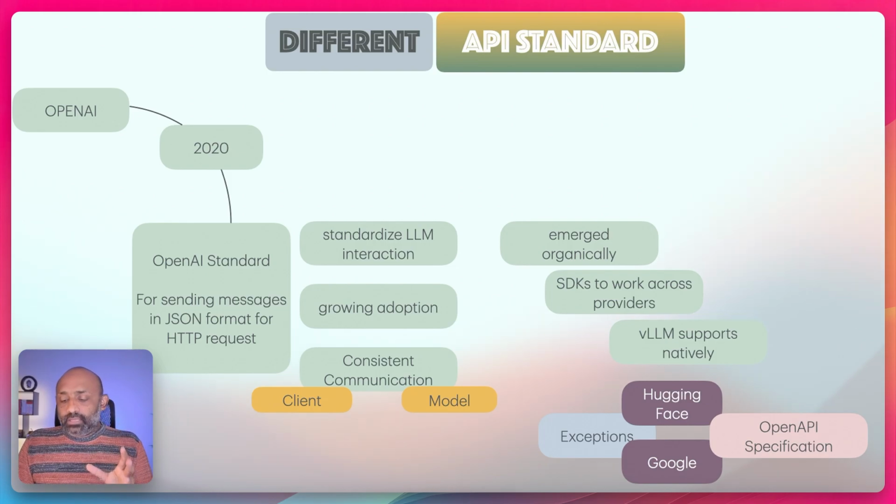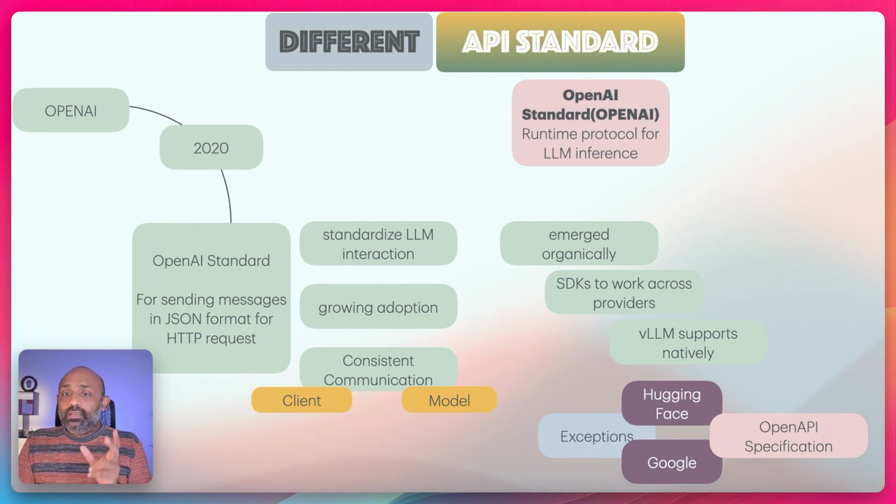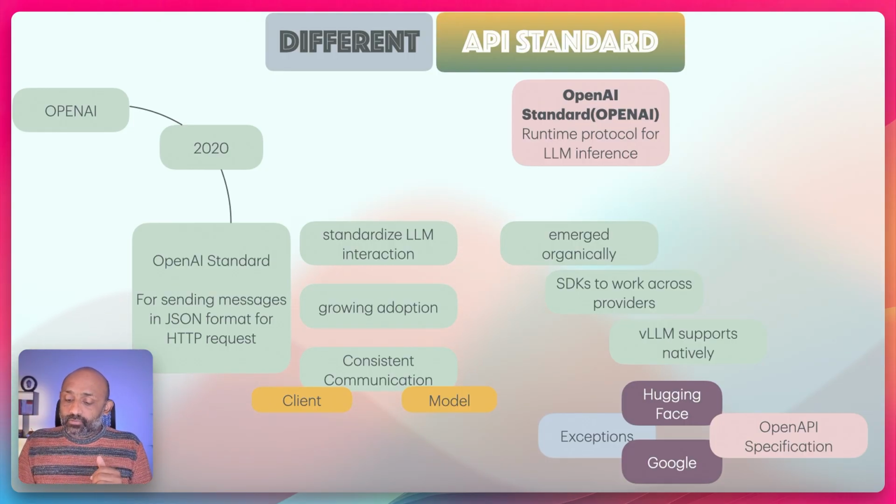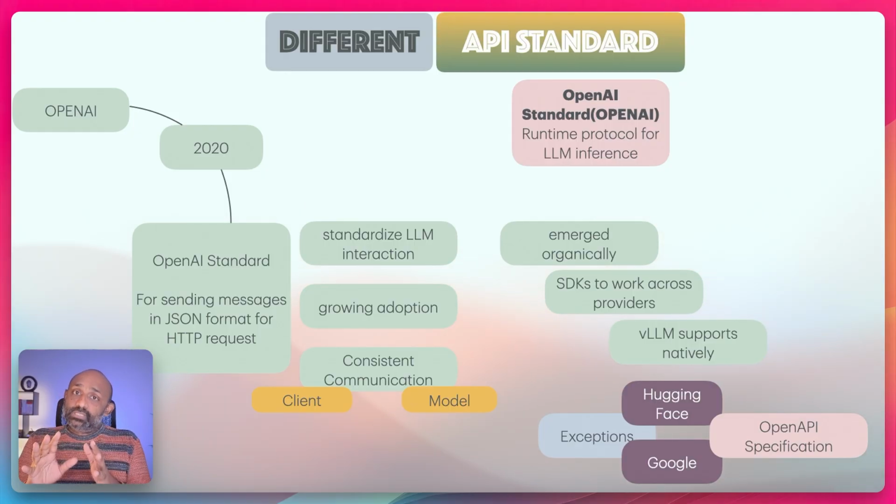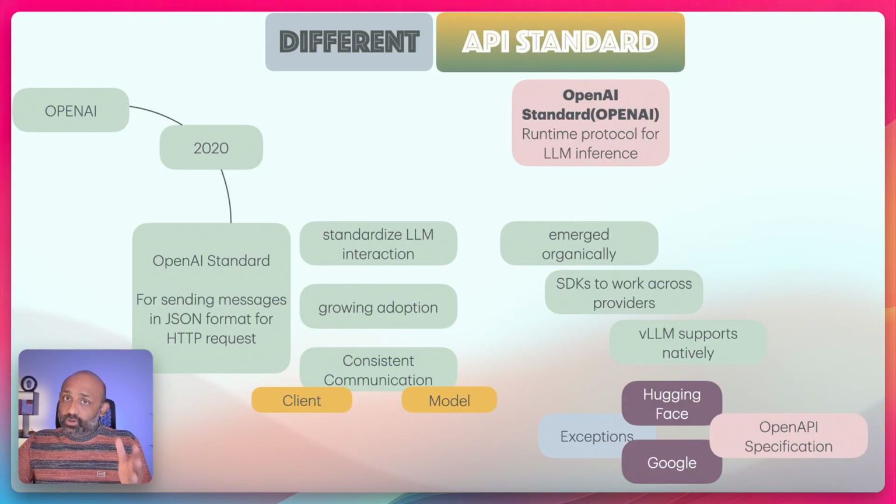The main thing is we need to understand the key differentiating factor between these two things. These are two distinct things, and a lot of times the words get confusing, right? OpenAI is a standard, a runtime protocol for LLM inferencing, created by OpenAI, and a lot of people organically started following it to make things easy.